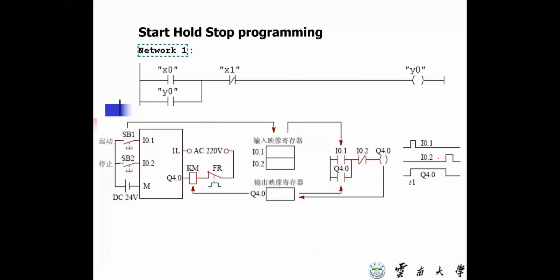Because we can use this series signal. We can see, maybe this is I 0.1, maybe this is I 0.2, and this is Q4.0.